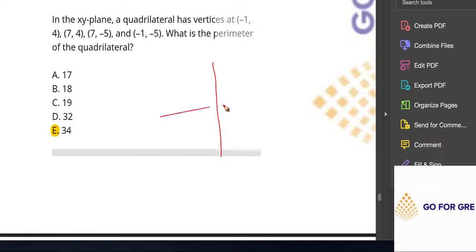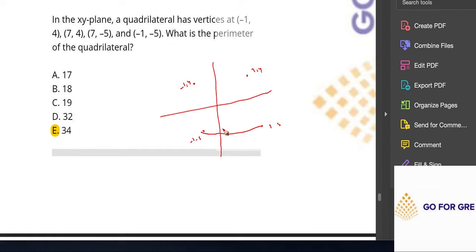So I always prepare like this and draw that, label minus 1, 4. So it will be like here minus 1, 4, and then minus 1, minus 5, and then 7, 4. And 7, minus 5.